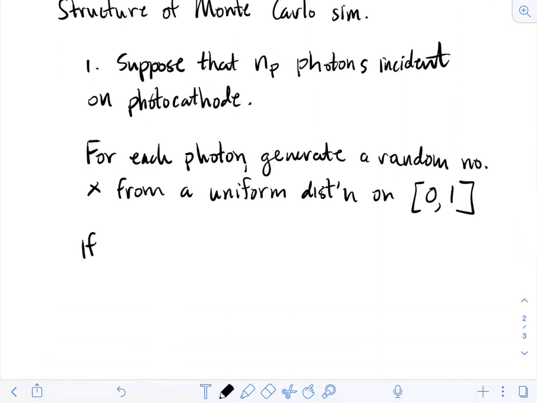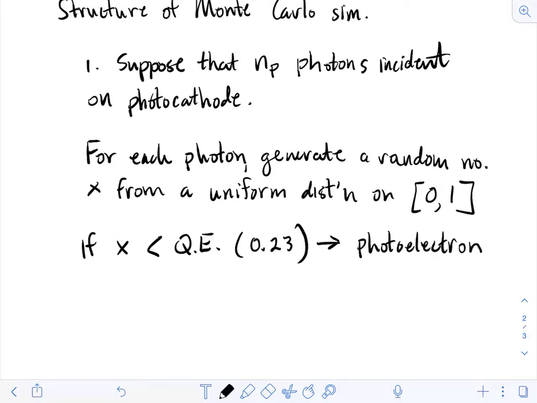And if the value of x drawn is less than the quantum efficiency, which is, say, 0.23, then we say a photoelectron is produced.